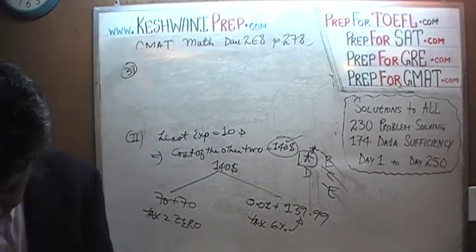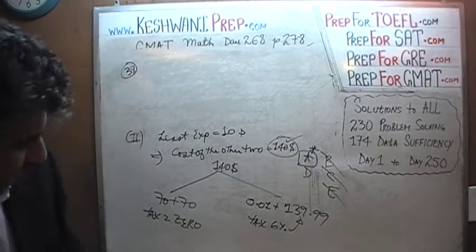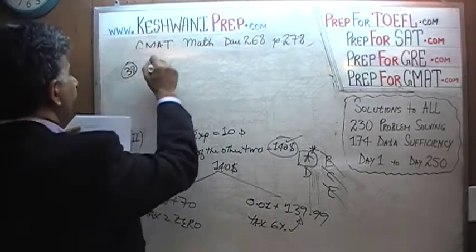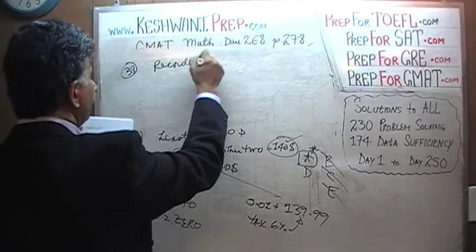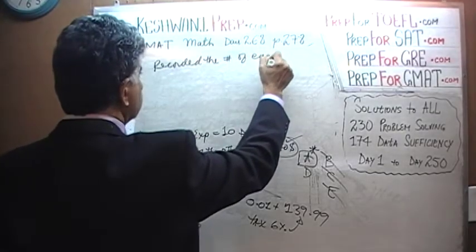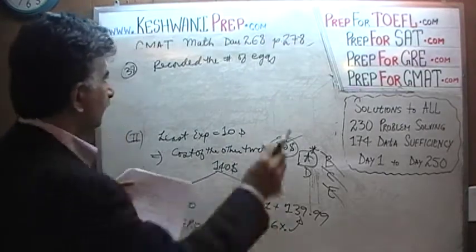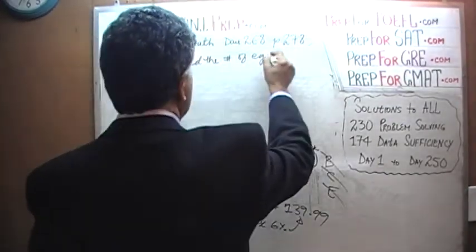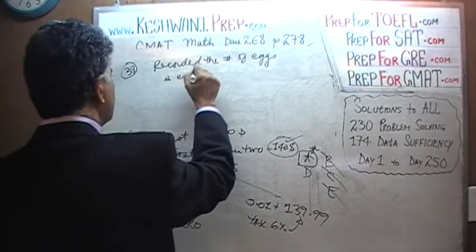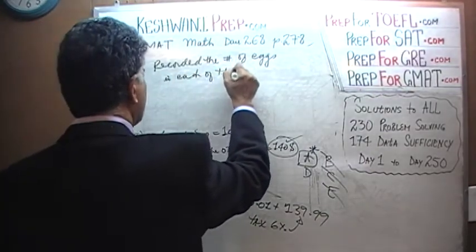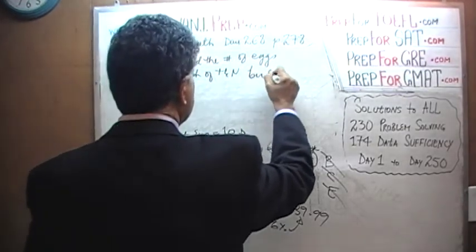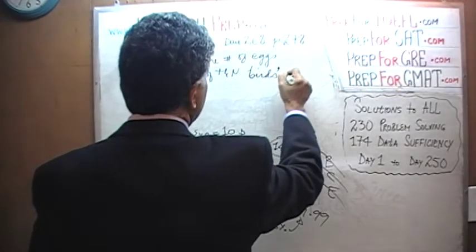In number 38, which is the last problem in the first column, they tell us that they recorded the number of eggs in each of the 10 birds' nests.